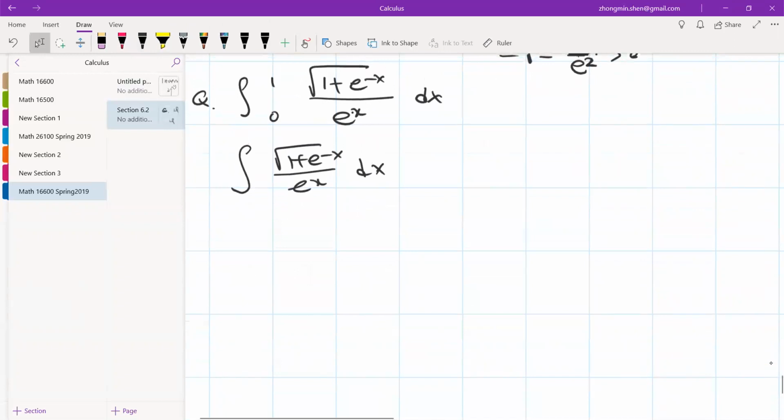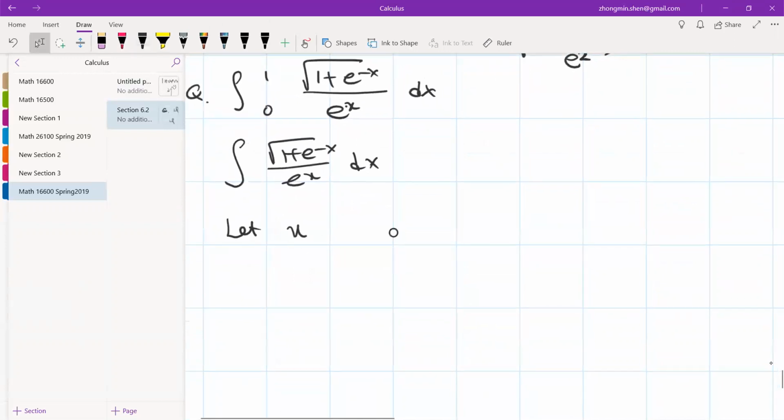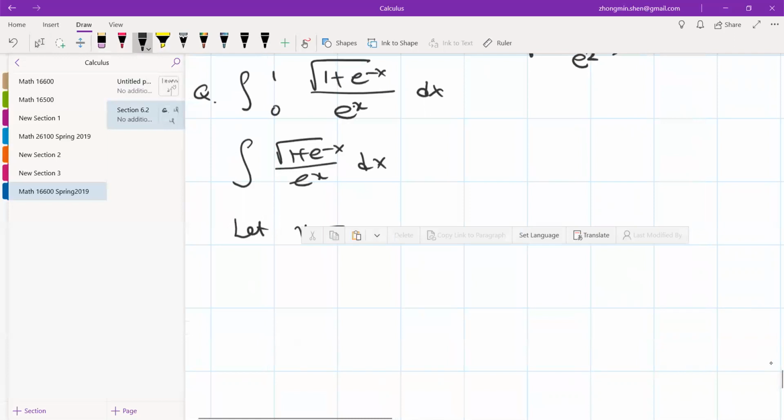There are a couple of choices. One is you try to let u be e to the x, or 1 plus e to the x. It's in the denominator. I'm going to try this, e to the x or e to the negative x.